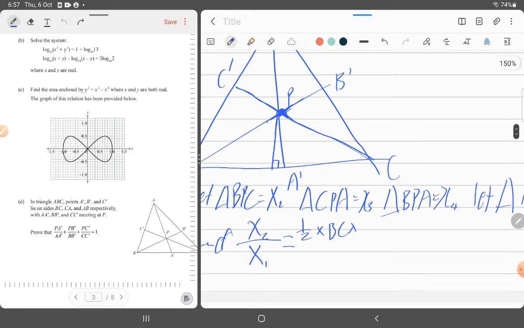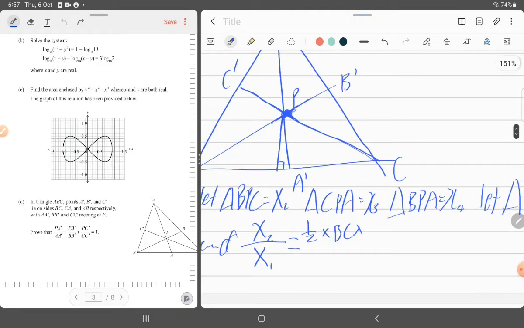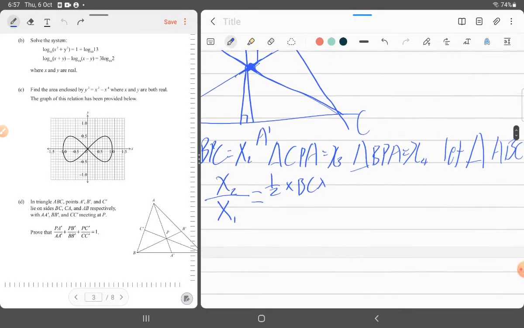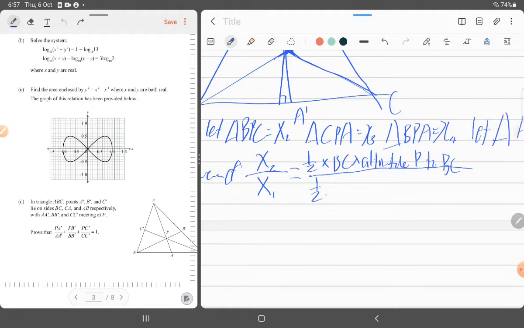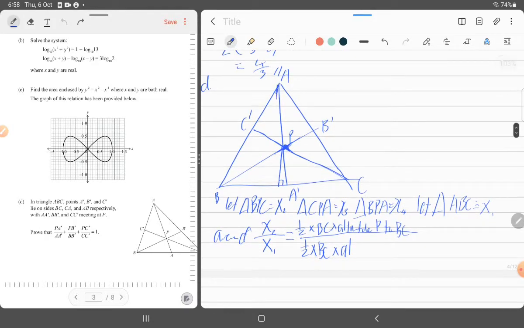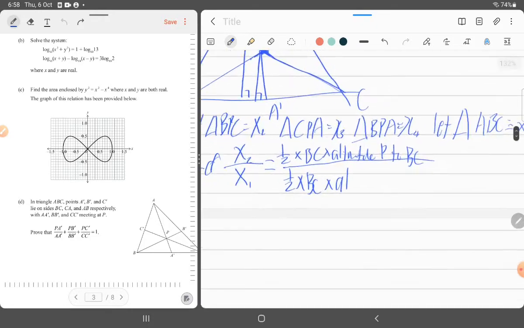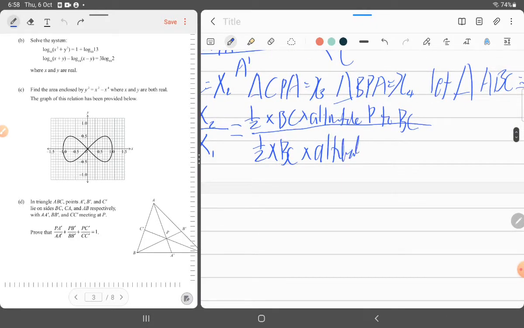which is half times BC times the altitude of P to BC, over half times BC times the altitude, because the area of the big one is half times BC times the altitude of A to BC.